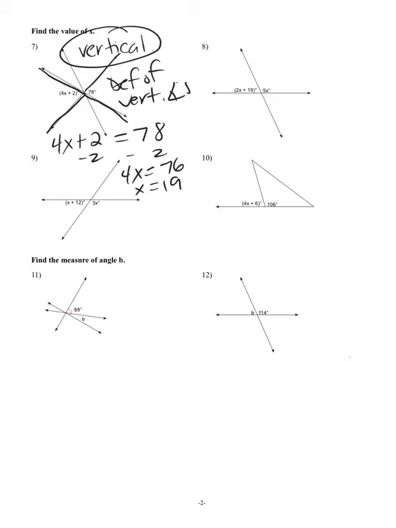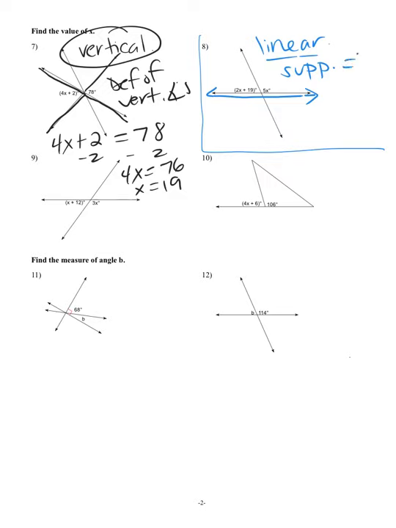How about number 8? What kind of angles do these look like? It's also vertical. It's not vertical because they are adjacent to each other. But notice they are on the same line. Linear. Adjacent. So they are linear. And since they are linear, you know they're supplementary.